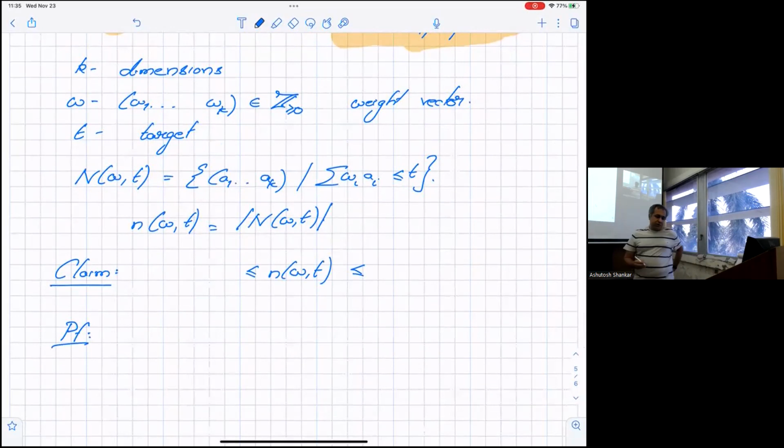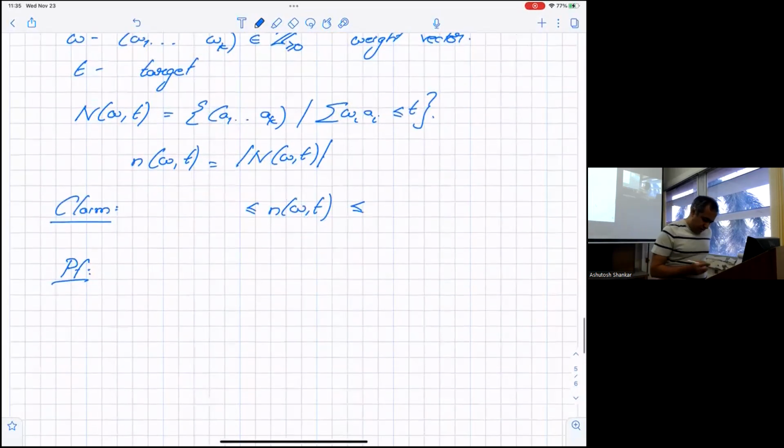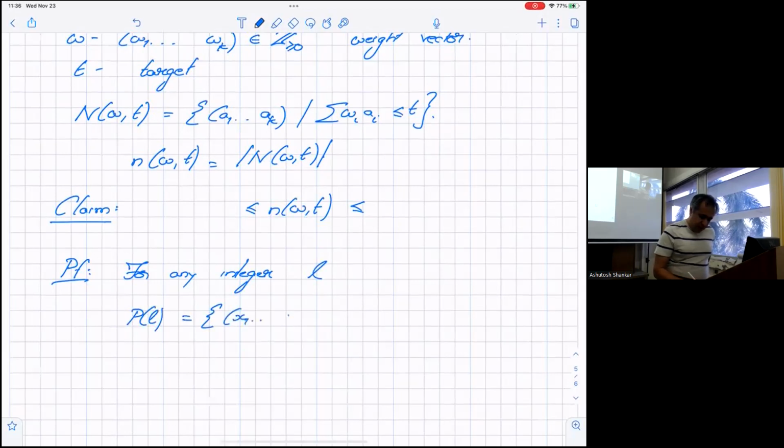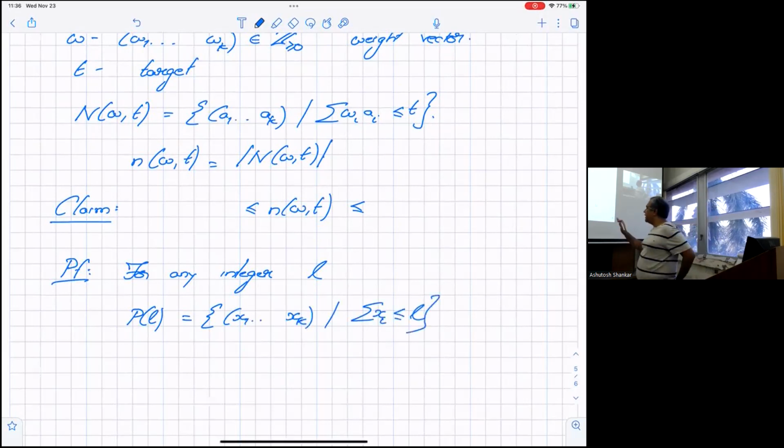How am I going to prove this? For any integer, say L, let P_L be the set of all x1 to xk such that summation xi is less than or equal to L. By the way, everything is non-negative.